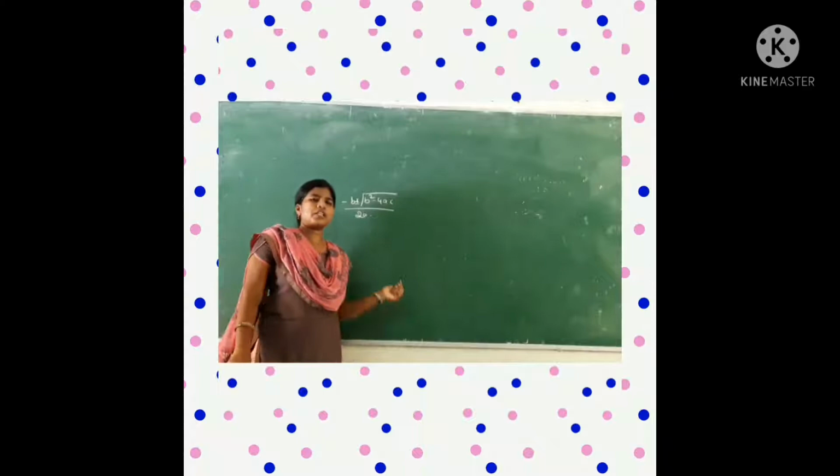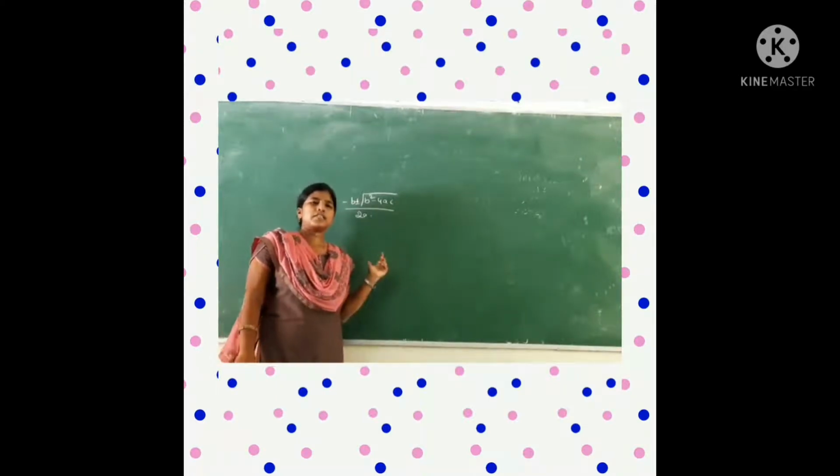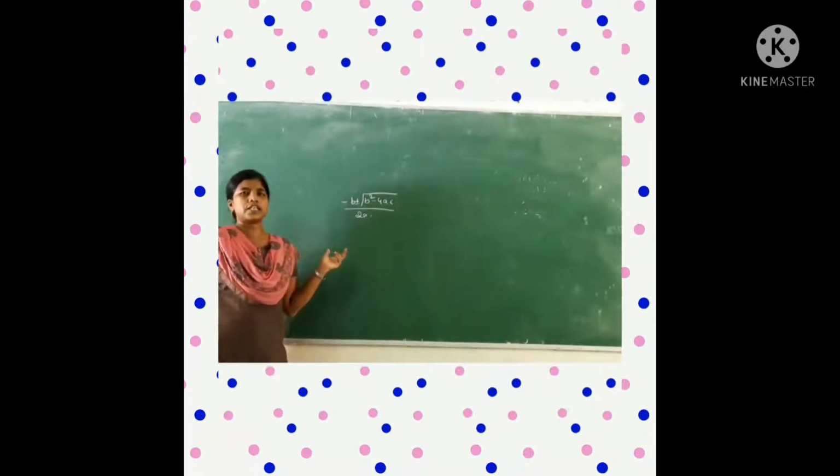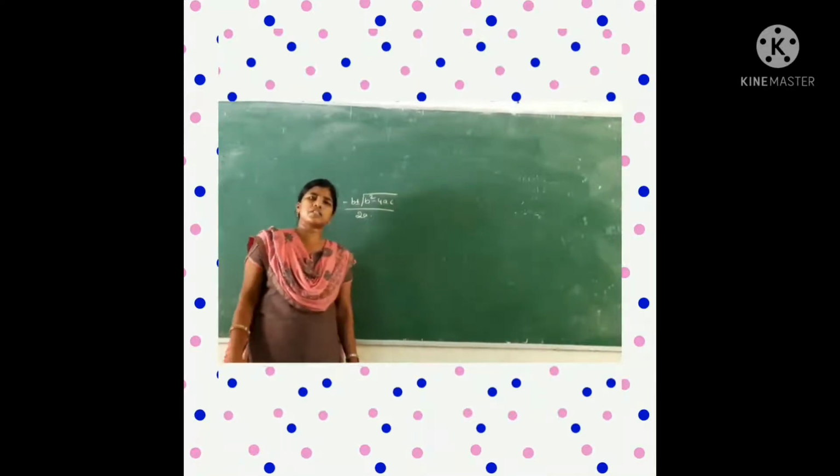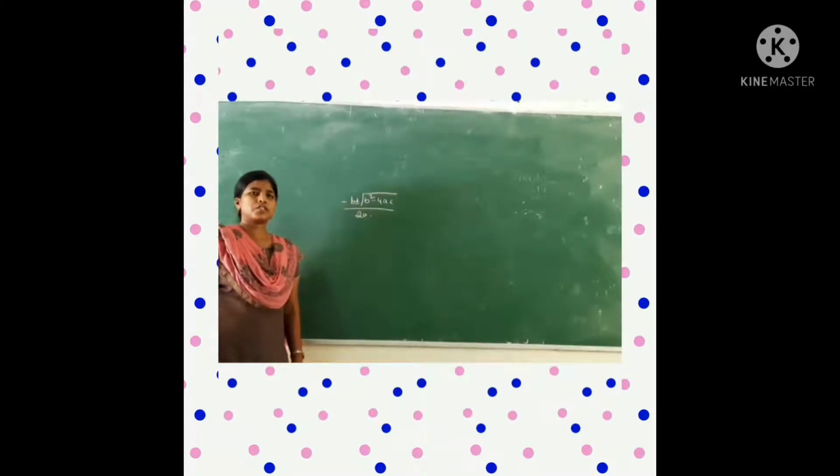After that we learned the discriminant of the quadratic equation, with three conditions: discriminant equal to 0 means equal roots, greater than 0 means real roots, and less than 0 means no real roots.